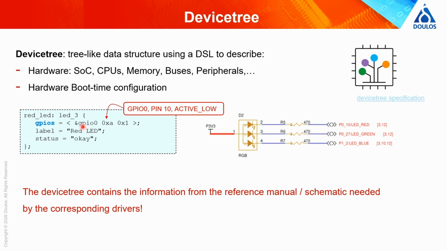And that's exactly the information that you have here. I use port 0 of my GPIO controller, pin 10, and here I need to drive the signal to low to blink the LED. The Devicetree simply contains the information that we have in the reference manual and in the schematic.